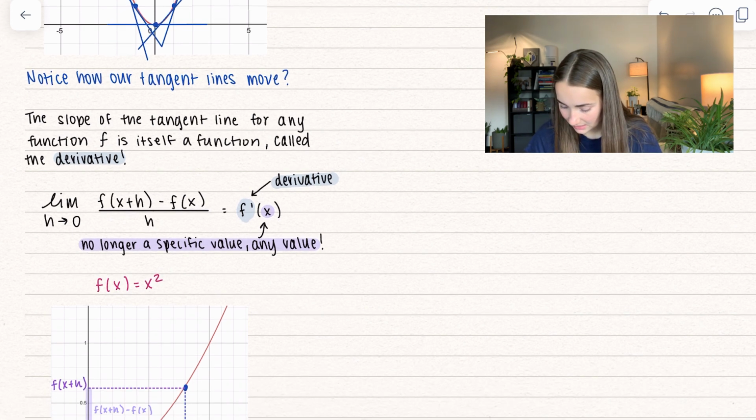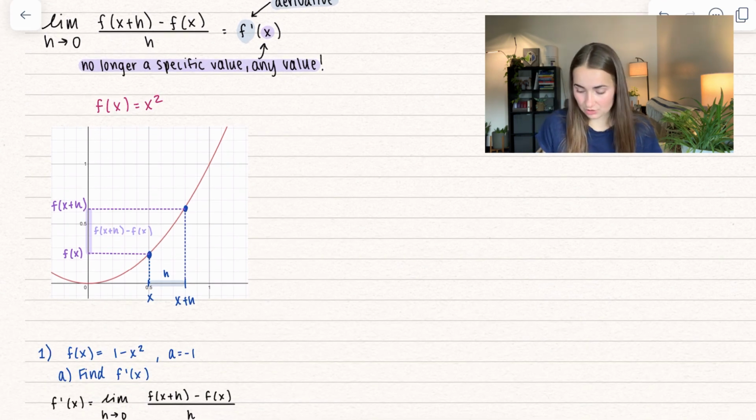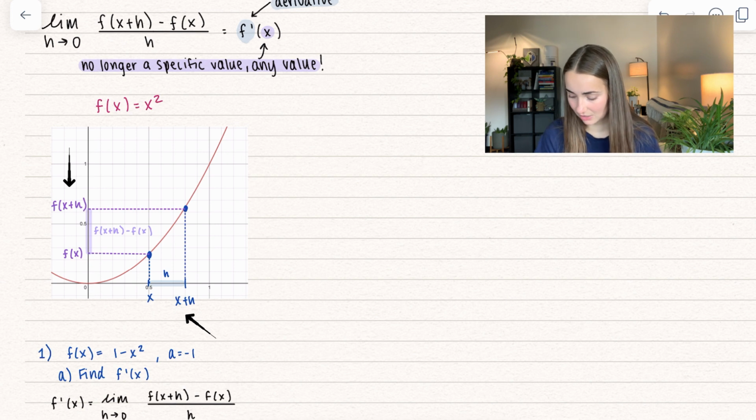So I have an example right here on what does this actually look like. I have a value x with its corresponding y value f of x. Now I added a little distance of h, and so now I have a new x value, x plus h. And I have the corresponding y value, f of x plus h. We can think of this as change in y over change in x, right?